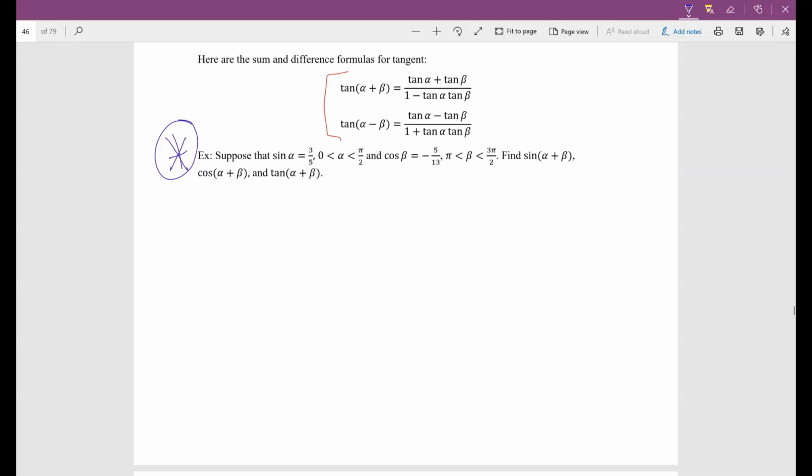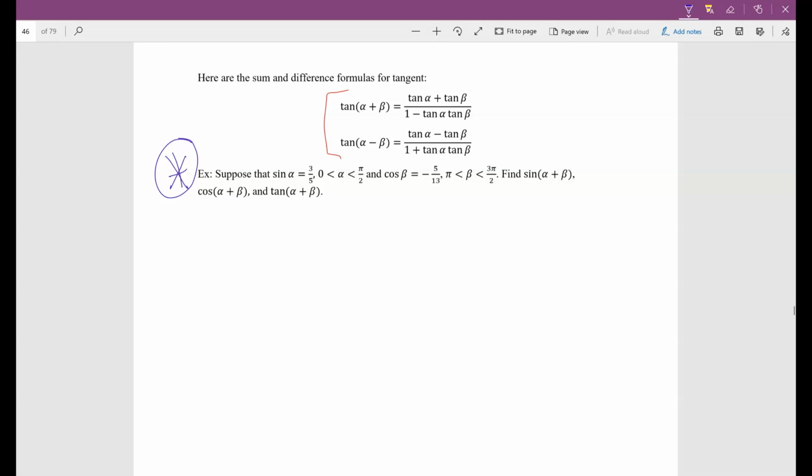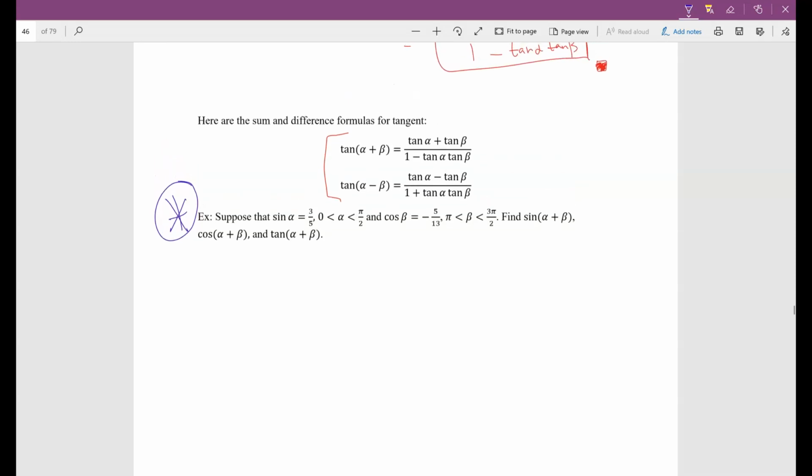Before we start that, I want to show you a couple of things. So far we've been using a lot of the formulas to solve for certain trig functions. Now I want to show you a different way to do it. Let's say your angle was in the first quadrant.